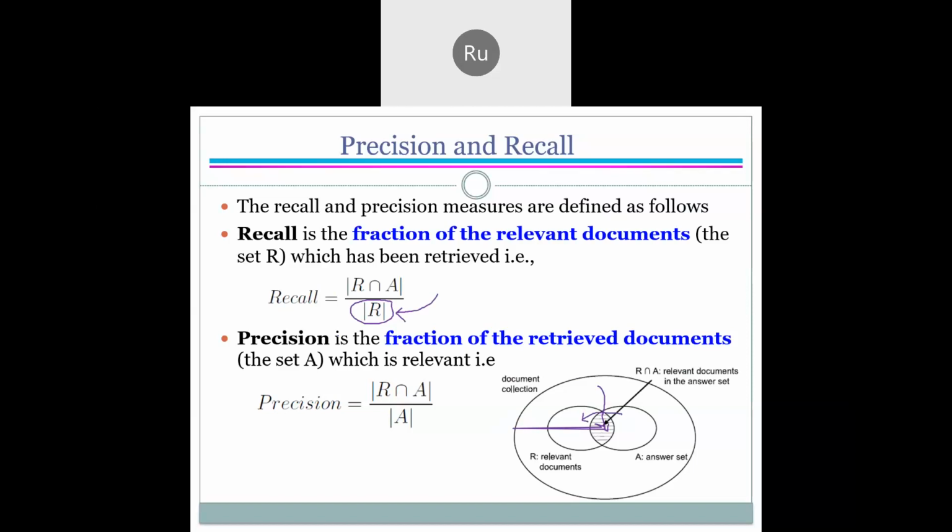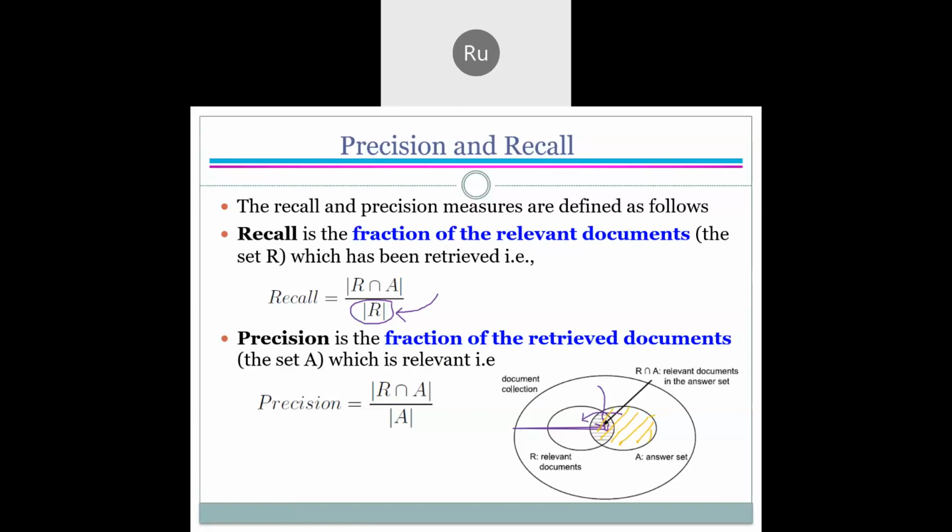In contrast, if we're looking at the precision, we're looking at the fraction of the retrieved documents which is relevant. So we are looking at the portion here, how many of the documents are relevant.